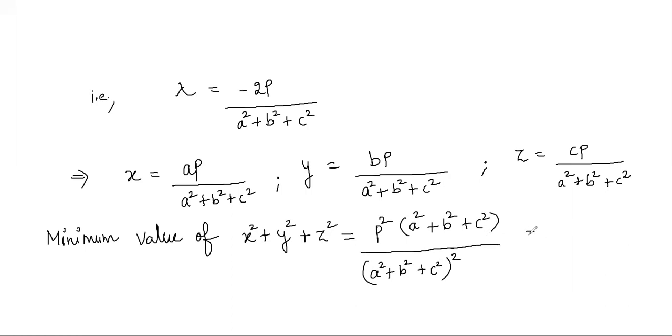It simplifies to p square upon a square plus b square plus c square. So the minimum value of x square plus y square plus z square is p square divided by a square plus b square plus c square. This will be our answer. We will be taking one more problem in our next video.